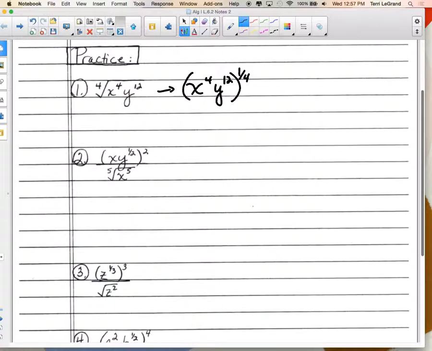Is this a power to a power? Okay, x to the 4th, y to the 12th, raised to the 1/4 power is a power to a power. I will agree with that. Right now I want to know what is x to the 4th, y to the 12th. What's going on there? Multiplication. So which property should we look at?